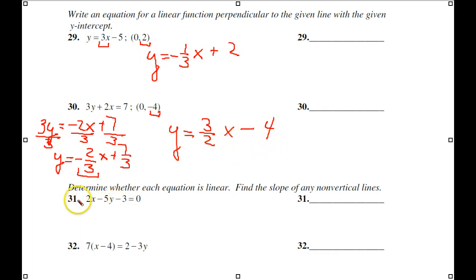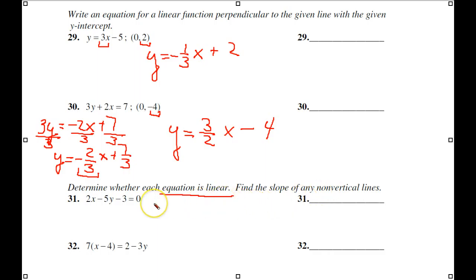Now, let's take a look at 31 and 32. We want to determine if these equations are linear. Okay? And we want to find the slope of any non-vertical line.